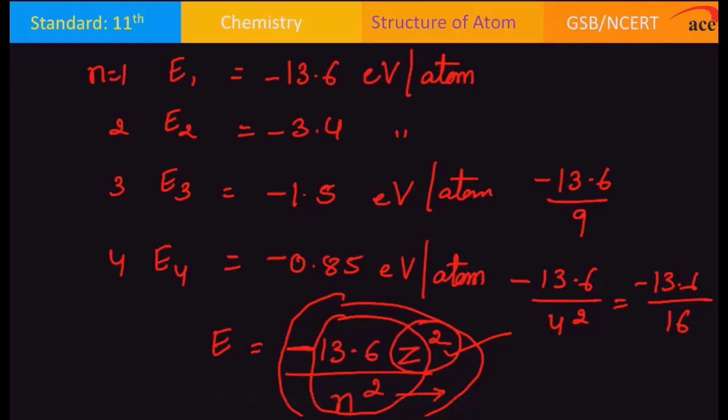So if I increase the value of n, the total numerical value will decrease, but that decreased value has a negative sign. So ultimately you conclude that energy will increase. In short, remember, as we move away from the nucleus, the energy will increase.